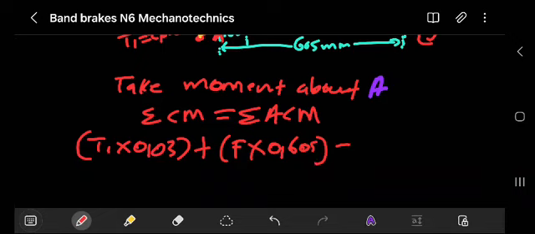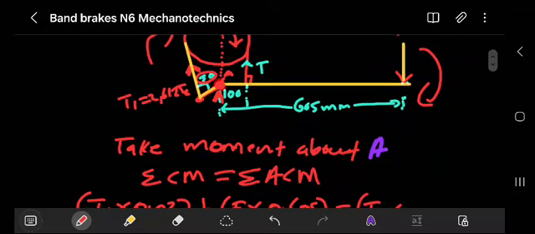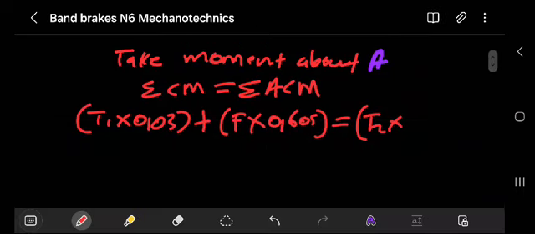Then this will be equal to T2 multiplied by the distance between T2 and A, which is 100 millimeter, must be in meter, so 0.1.